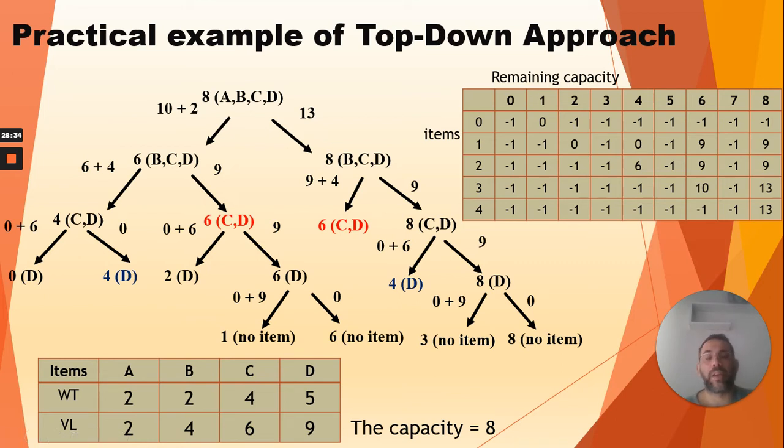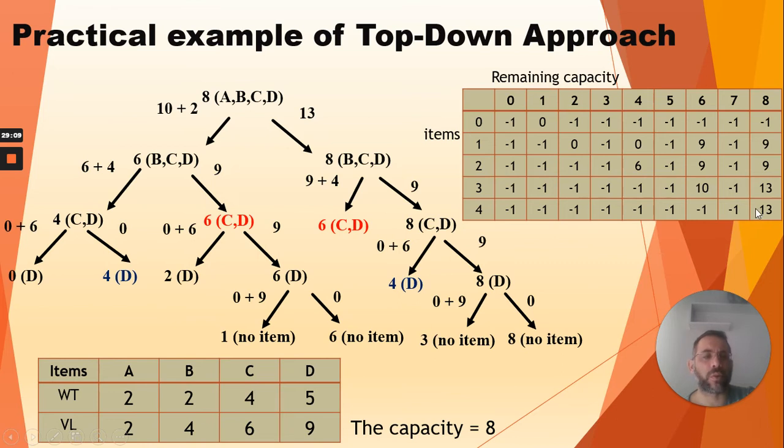This is the main difference between the bottom-up and the top-down. In the bottom-up, we solve all the sub-problems, but in the top-down case, the top-down or memoization approach will compute just some of the sub-problems that are needed.